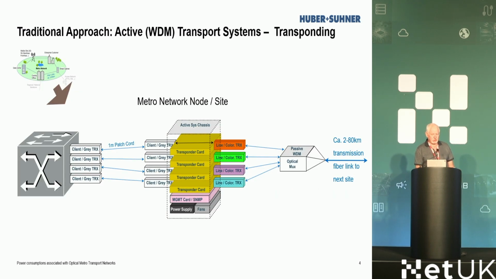So a little network diagram, because it's a presentation, we've got to have a little network diagram. On the left-hand side we have some sort of switch, router, or radio with grey optics, 1310, 850 nanometer optics, going into what most people consider to be a WDM system of some description, which has management cards, a chassis and fans, and a transponder card that takes the grey optic in, converts it to a colour, just 4 little colours for this instance, and then sends it out over a WDM MUX.